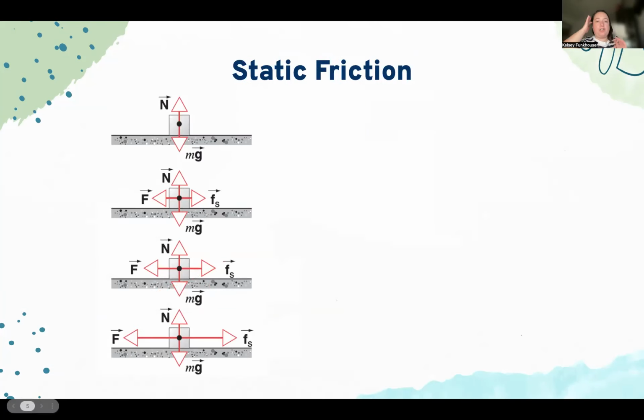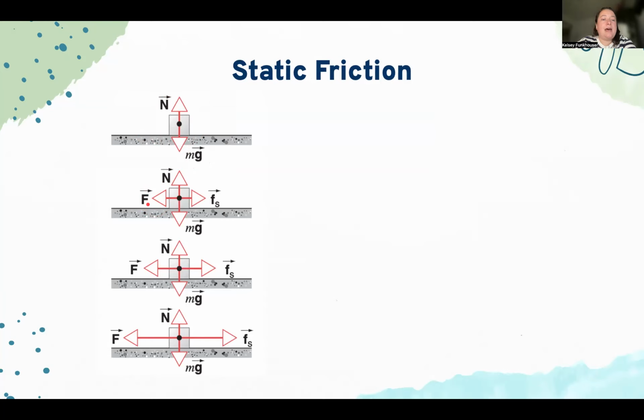So, static friction. This is friction that prevents an object from moving. In our example, we have a block at rest on a table. Initially, it's just experiencing its weight force and normal force from the table. But then let's say we apply some horizontal force to it. That's this capital F here. Maybe we're pulling it, maybe we're pushing it.